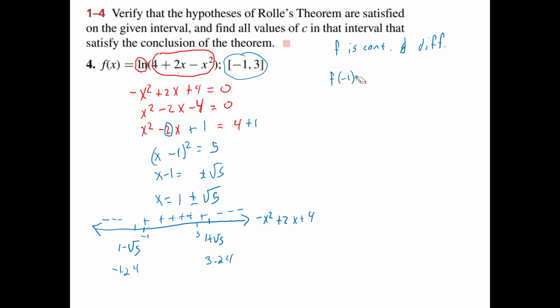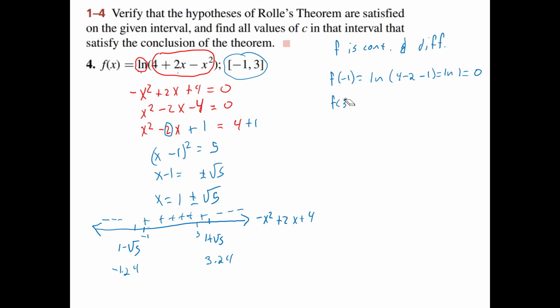So f of -1 is the natural log of 4 minus 2 minus 1, which is the natural log of 1, which is 0.